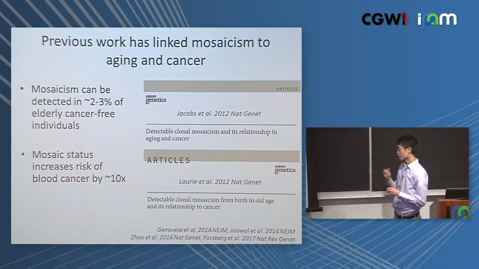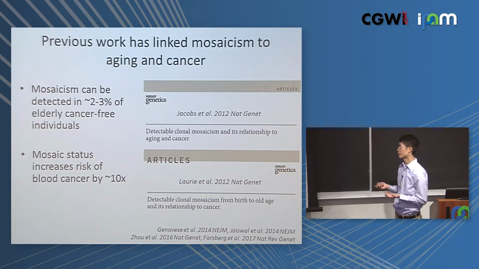So to give you a little bit of motivation about why people care about this and what's known about it, there were a couple landmark papers in 2012 in Nature Genetics that showed that mosaicism, specifically these mosaic chromosomal alterations, can actually be detected in a few percent of elderly individuals who don't have cancer. And that's kind of surprising because you wouldn't really think that in your blood you're going to wind up with a whole lot of clonal mutant cells just floating around in your bloodstream.